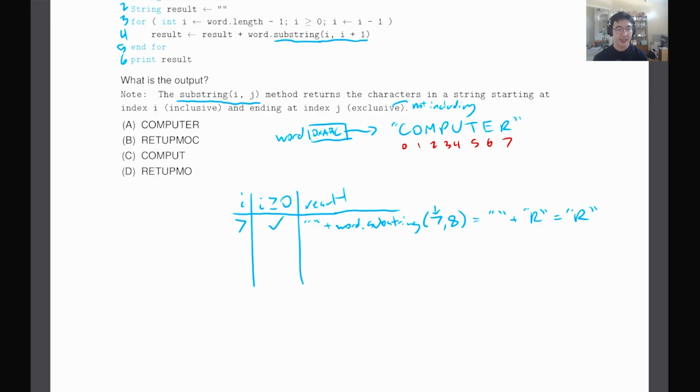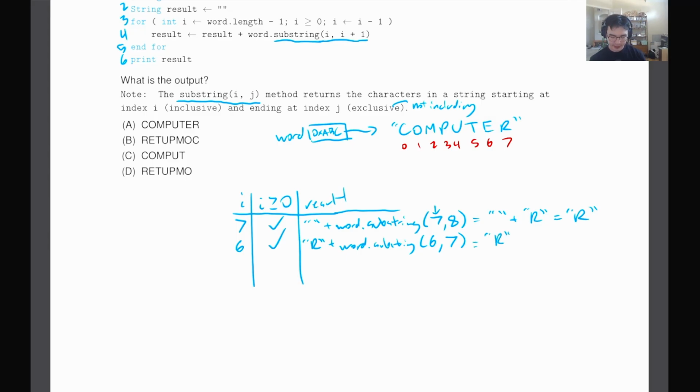which is a decrement this time, and it says i is i minus 1, so i is now 6. We then go to the condition, which is i greater or equal to 0? It is. As the condition is true, we go to line 4 inside the for loop, and we now do the right side, which is result plus word.substring(i, i plus 1). So result is R right now, plus word.substring(6, 7).